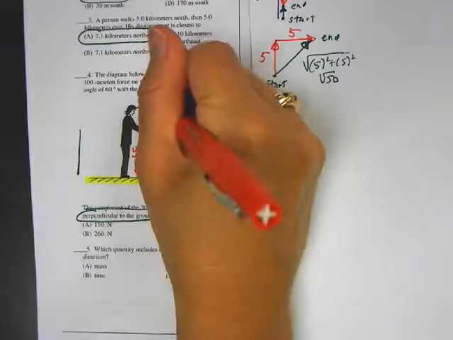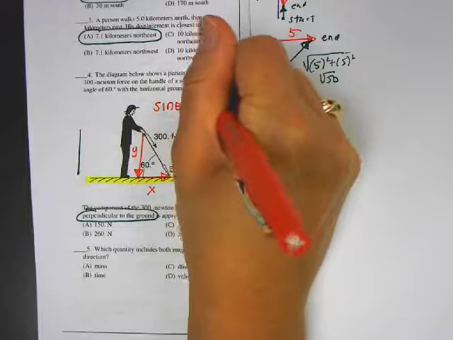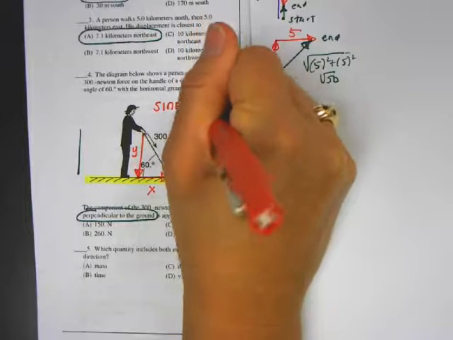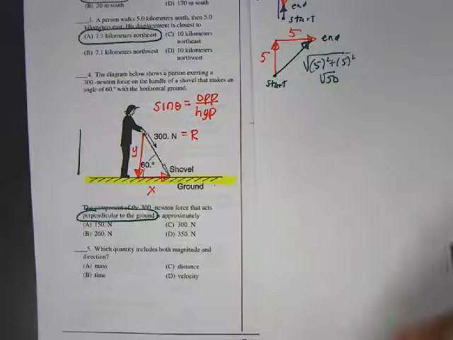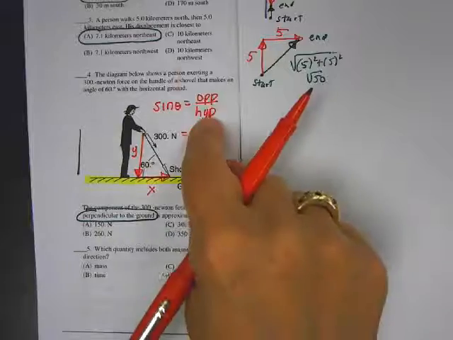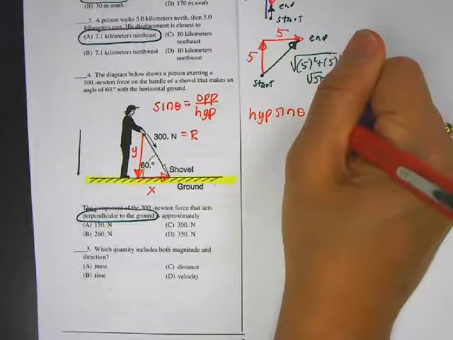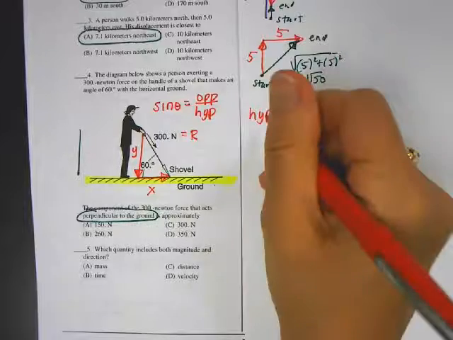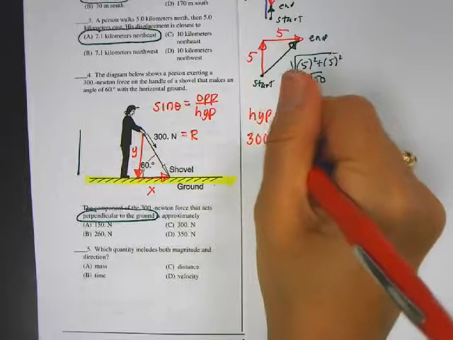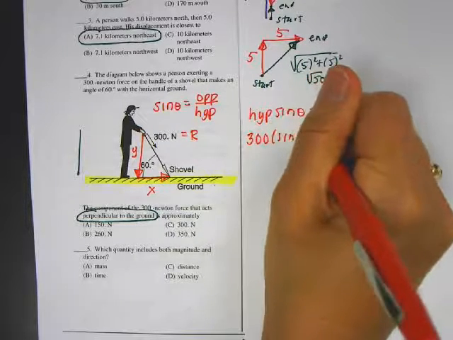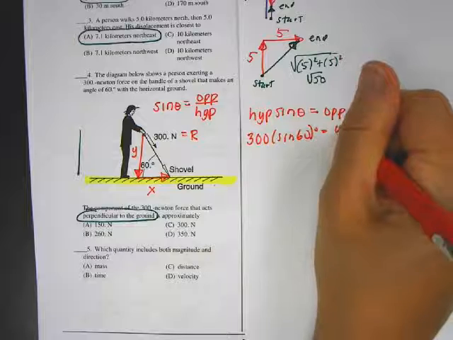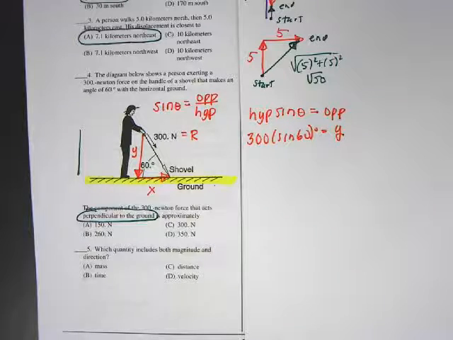So I know that sine of theta is equal to opposite over hypotenuse. So now when I work that out, I can multiply this hypotenuse times the sine of theta is equal to opposite. So the hypotenuse is 300 times the sine of 60 degrees is equal to opposite, which is the y component, because the y component is perpendicular.